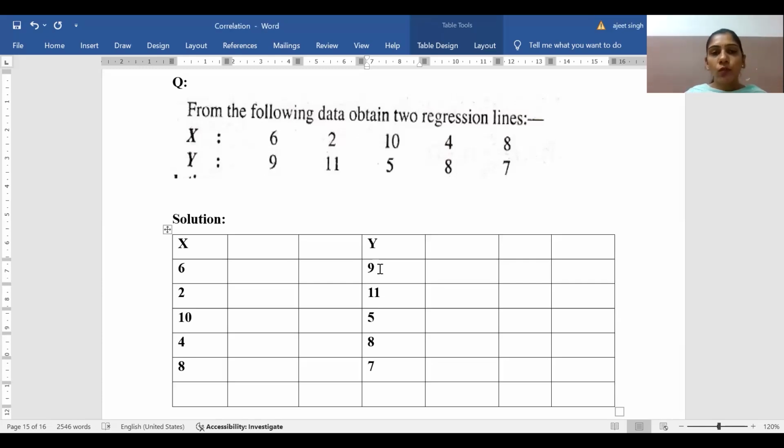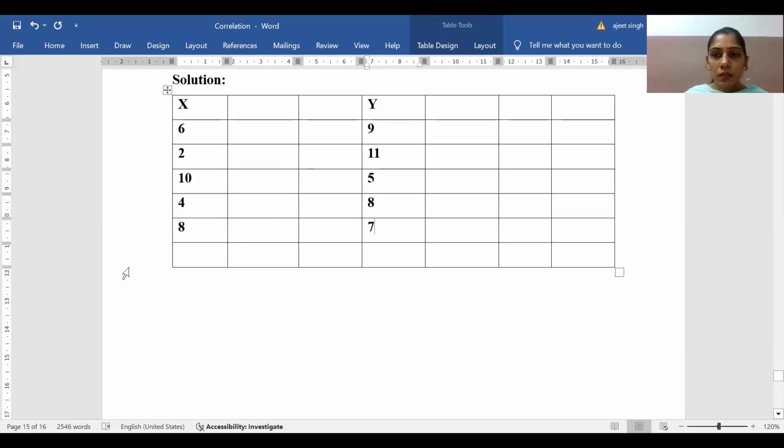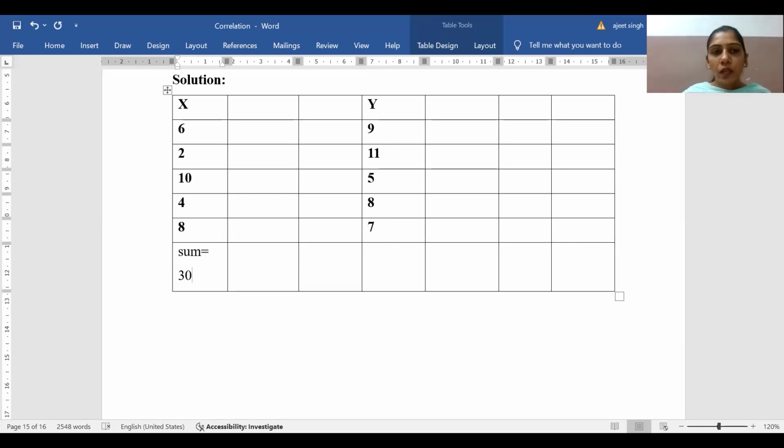First of all, we have to find the sum and mean of series x and series y. Sum of x is 6 plus 2 plus 10 plus 4 plus 8, that is 30.